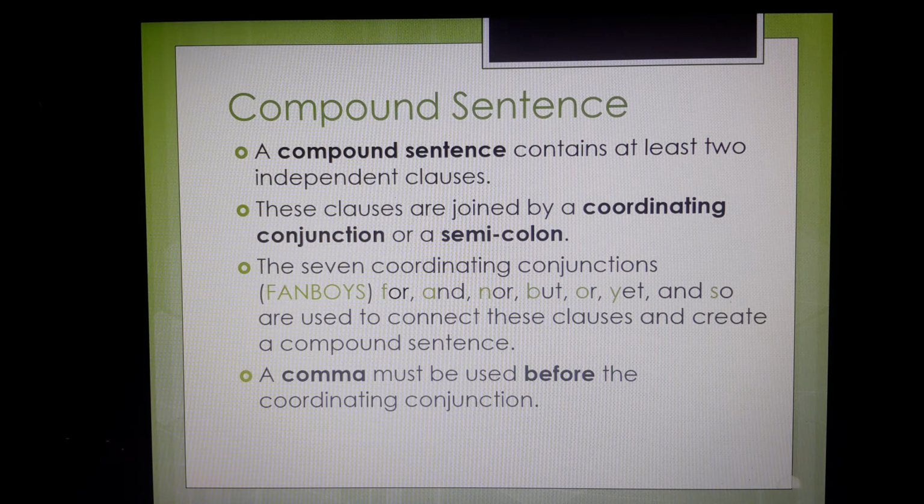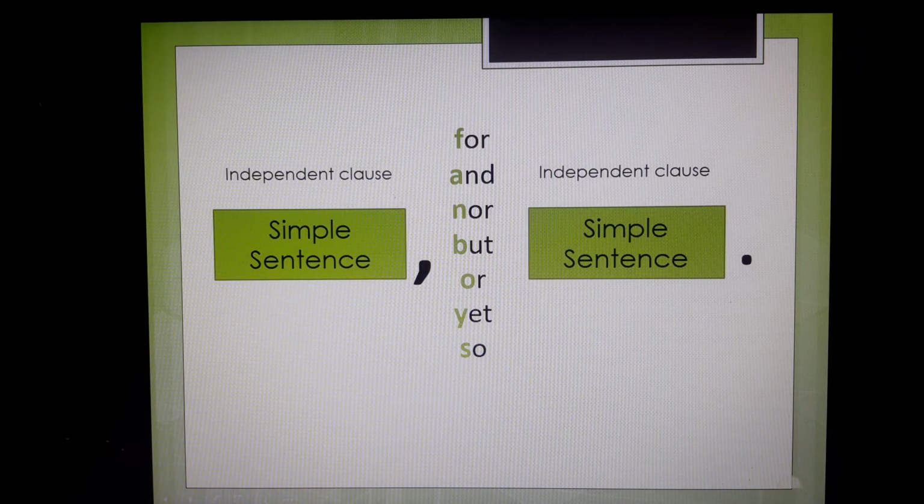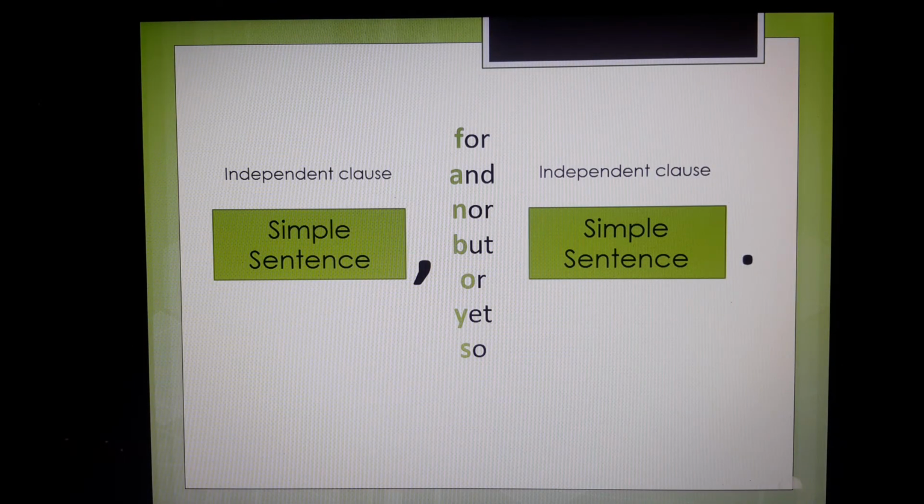You need to know that to correctly write this type of sentence structure, you must have a comma before the coordinating conjunction. So let's look at a formula for a compound sentence. You have your simple sentence, which we will call an independent clause, and then you put your comma.